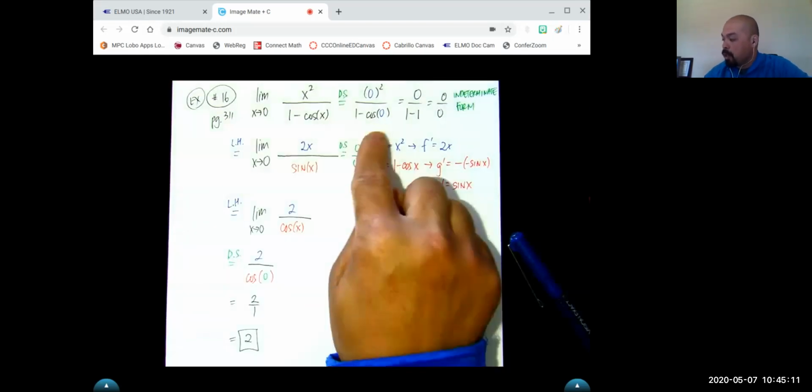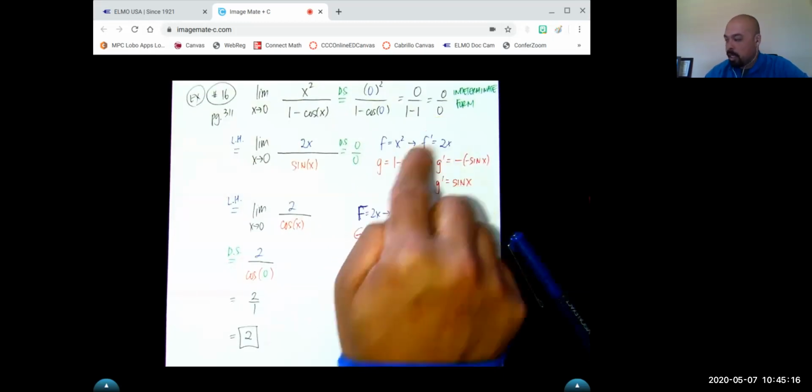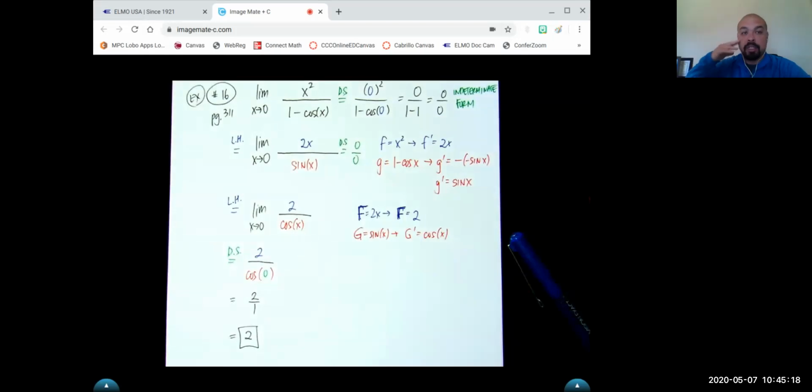Sometimes in our work we'll initially have that 0 over 0 indeterminate form, but as we apply L'Hopital's rule, it'll flip-flop. It'll go from 0 over 0 to infinity over infinity, when we deal with polynomials and complex rational expressions, where terms move from numerator to denominator with negative exponents. You might see it switch from 0 over 0 to infinity over infinity, but it's still the same classification of indeterminate form in which we can apply L'Hopital's rule.